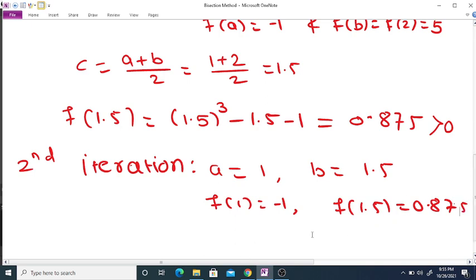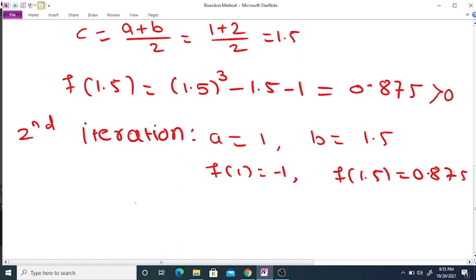And since f of 1 into f of 1.5 is less than 0, the root lies in the interval 1 and 1.5.